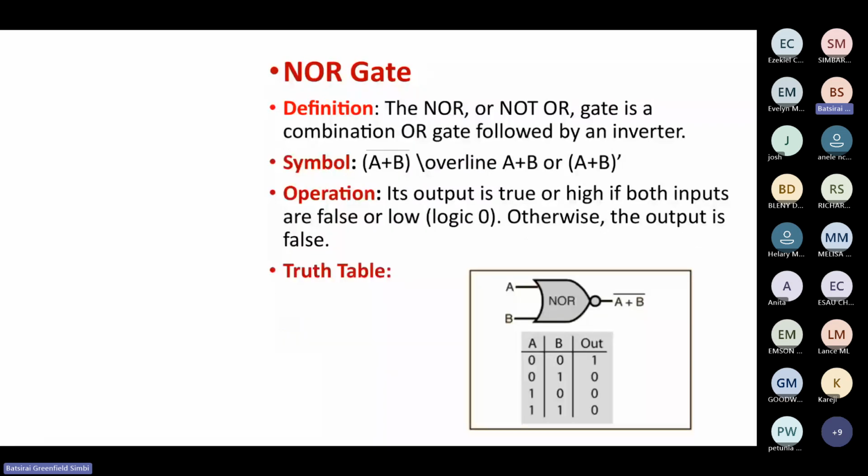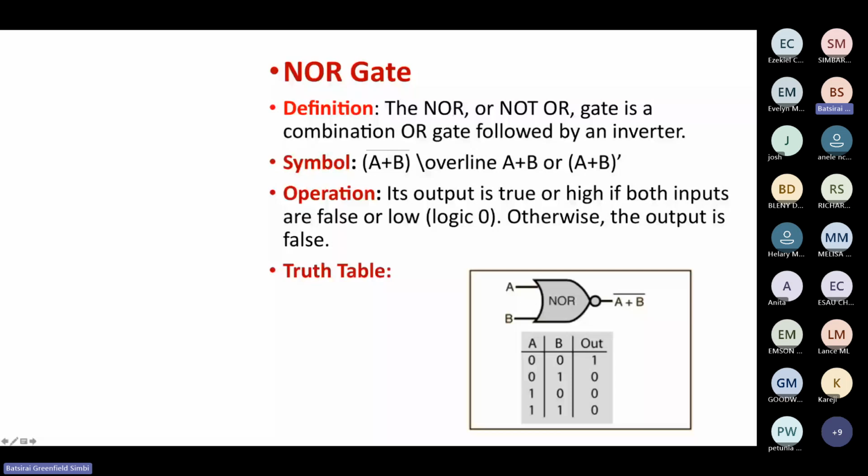The NOR gate, or NOT OR gate, is a combination of an OR gate followed by an inverter. So we have A and B here. This is our usual OR gate, but now we have that small circle, which is an inverter. So now it's a NOR gate. It's NOT OR.